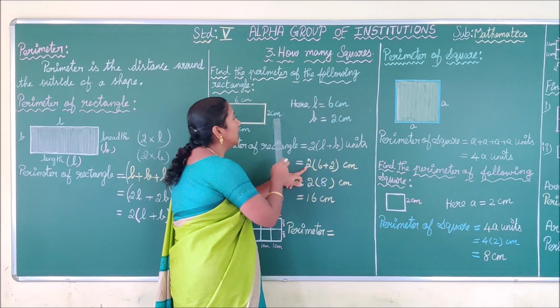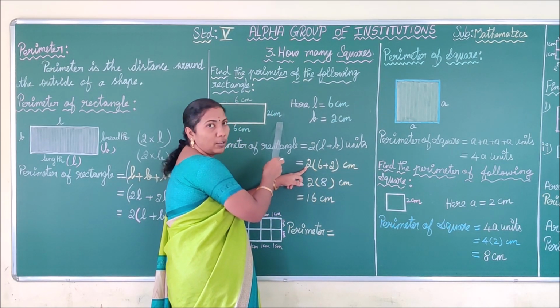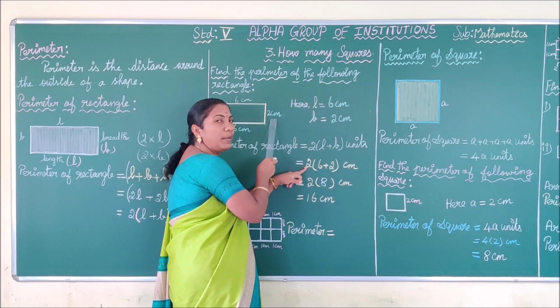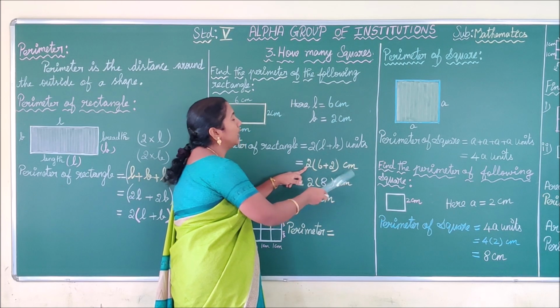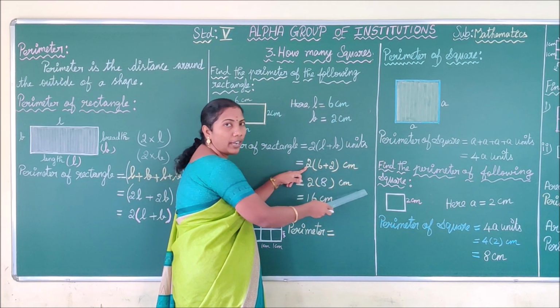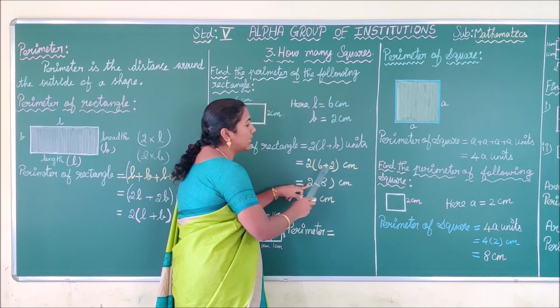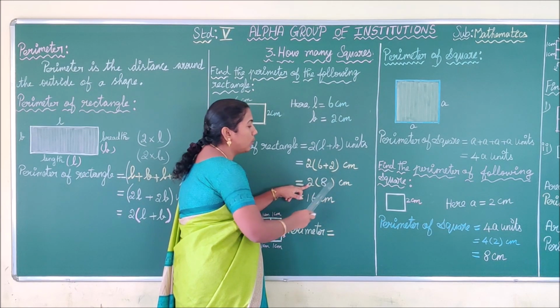For units, here they gave the length in centimeter, so here we write centimeter. Suppose in the question they give millimeter, then here you write millimeter. In meter, then you write meter. Understood, children? Okay. What is the value of 6 plus 2? 6 plus 2 is 8.